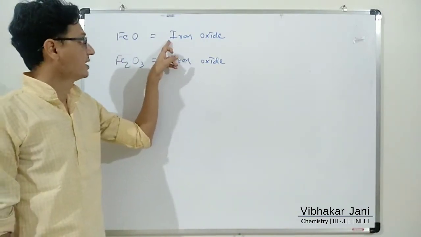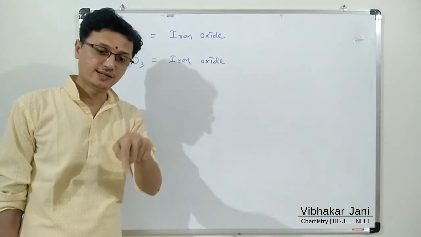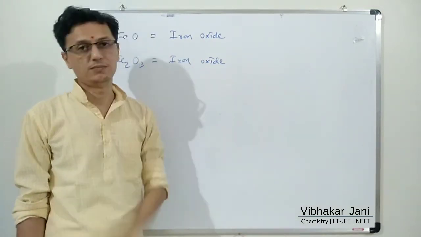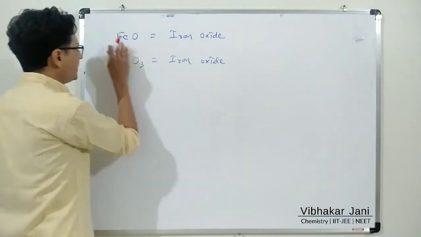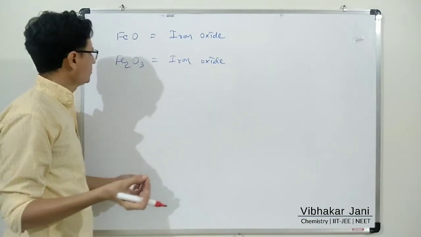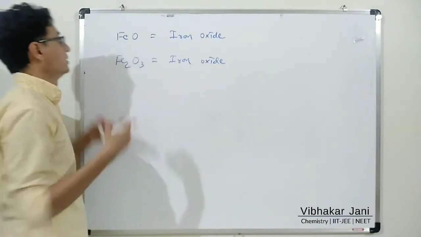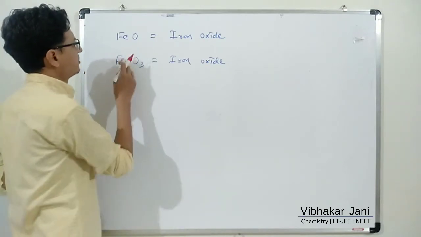After writing the word iron, we have to write its oxidation state in a bracket in Roman numerals. Okay, so first of all, let us find the oxidation state of iron in FeO. Now I am not going to calculate it every time, just calculate it by heart.